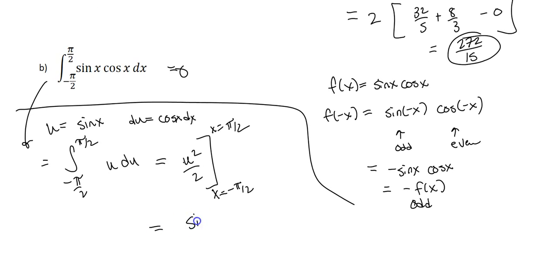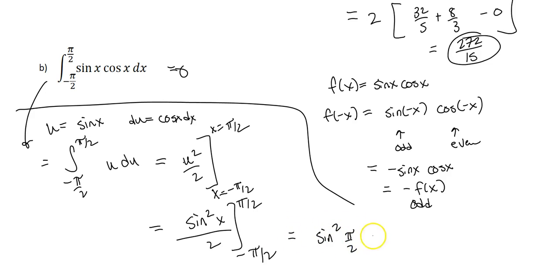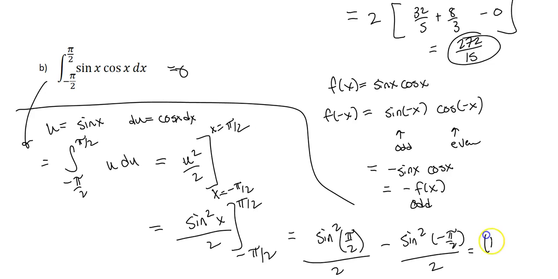So this would be sine squared of x over 2 from negative pi over 2 to pi over 2, which would be sine squared of pi over 2 divided by 2 minus sine squared of negative pi over 2 divided by 2, which ends up giving me 1 squared over 2 minus negative 1 squared over 2, which is 0.